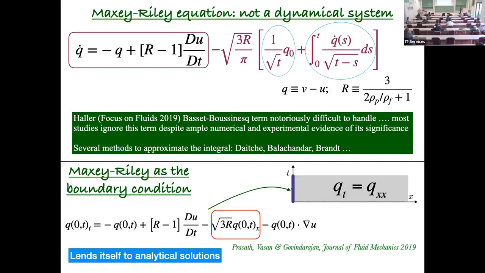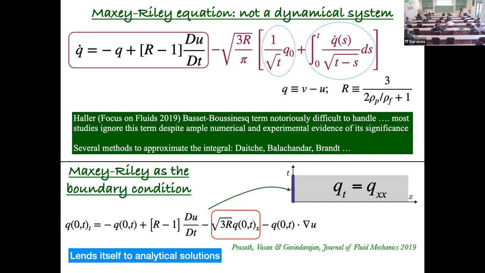So not only is this very singular, it's very computationally demanding. This term is called the Basset-Boussinesq history, a famous term, which is one of the forces acting on the particle. So the force acting on the particle depends on everywhere it's been all through its life. That's the present force acting on it.